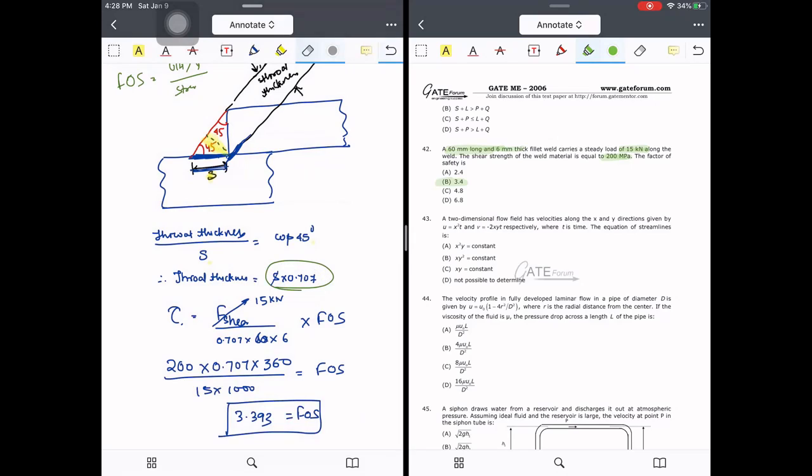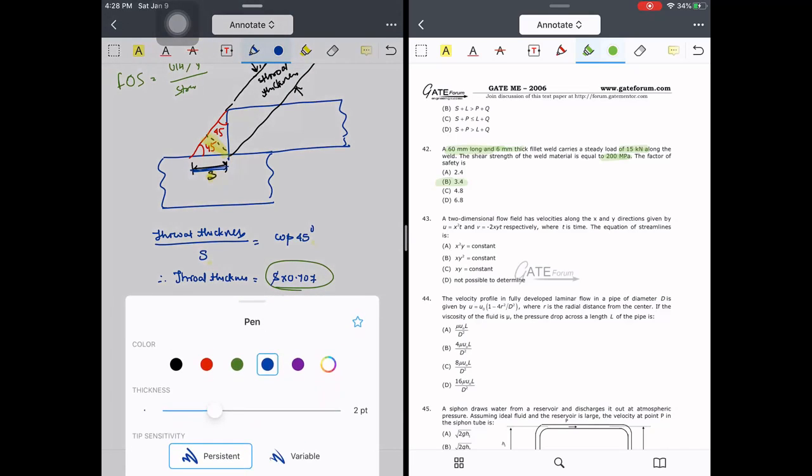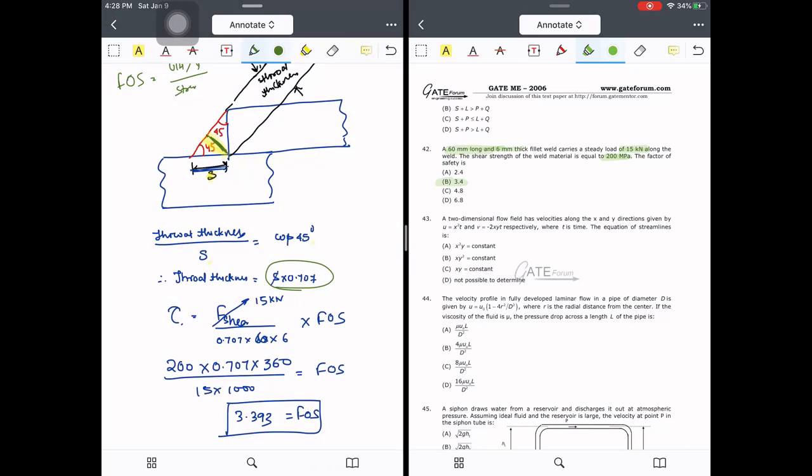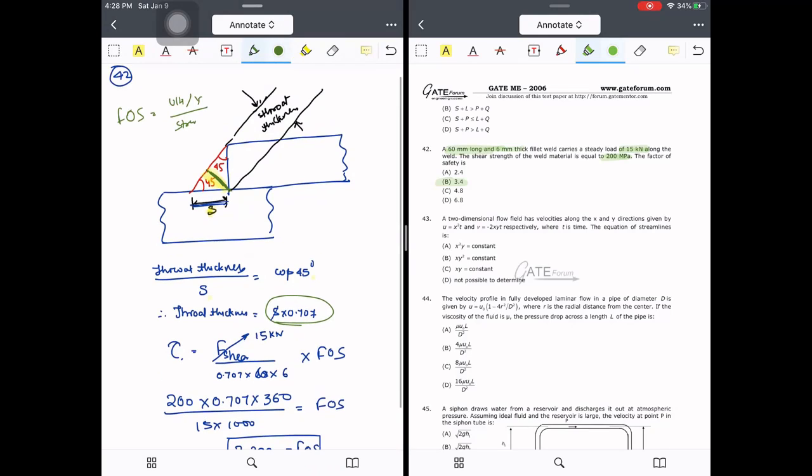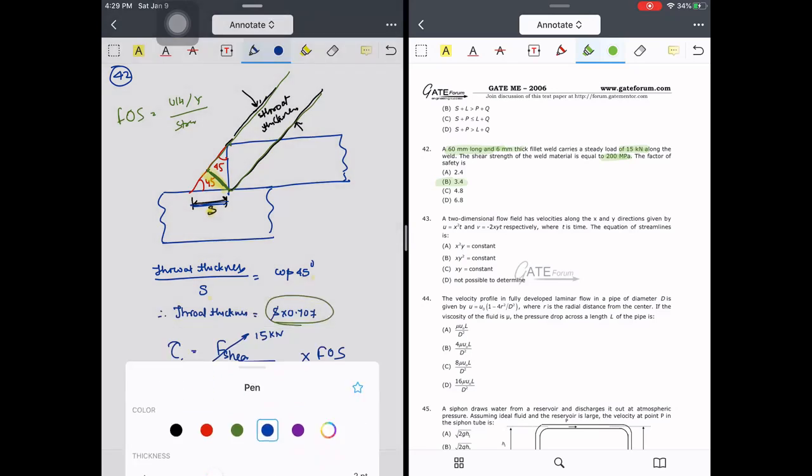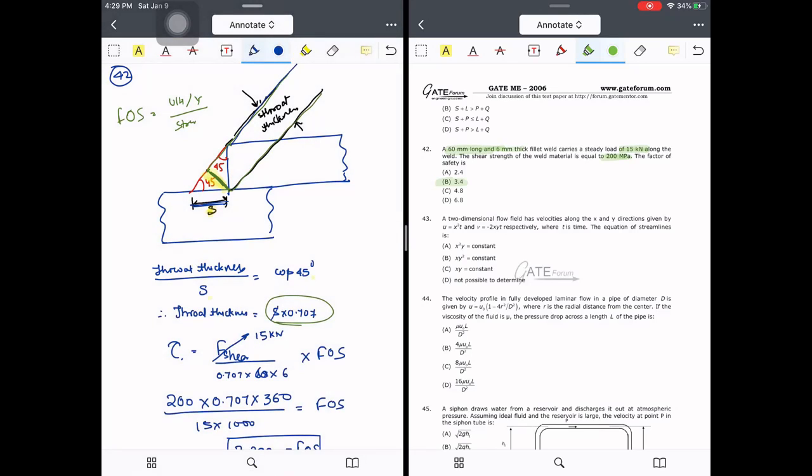Okay, so I hope you understand this shear force. I will again make the diagram for shear force. See, this is the place. I will make it in some different color so that it is easy to visualize. You see, this is the place where the shear force has to be calculated.